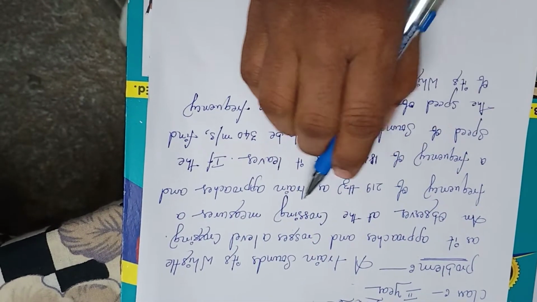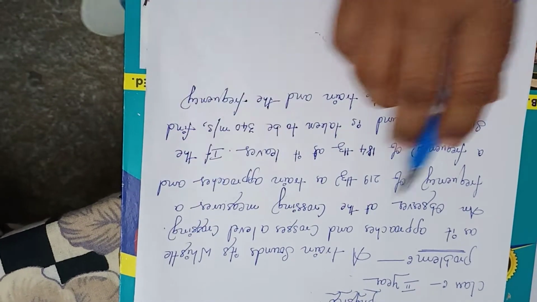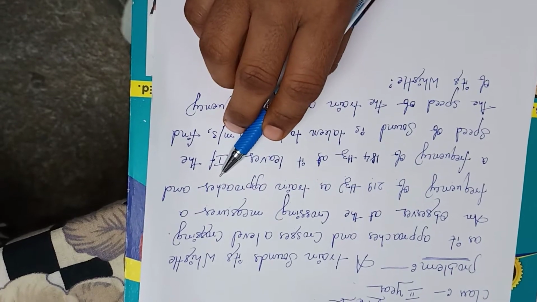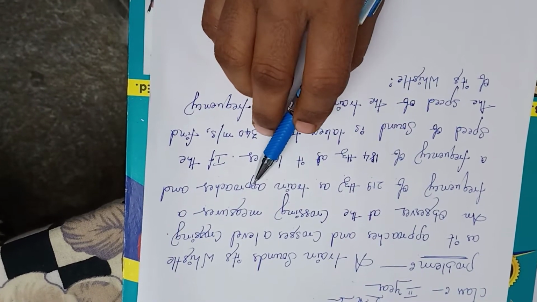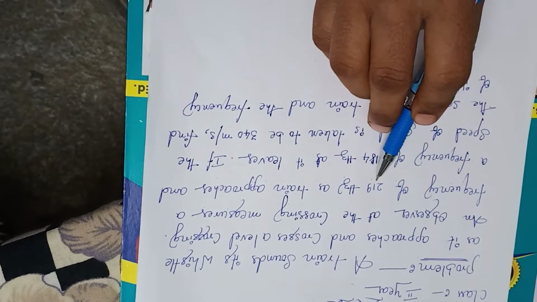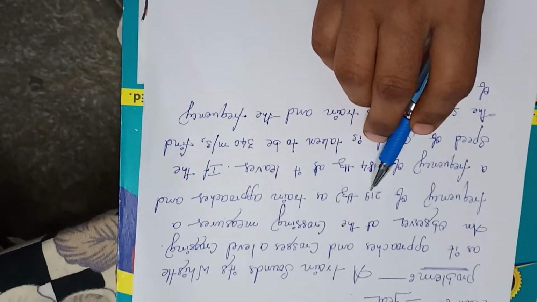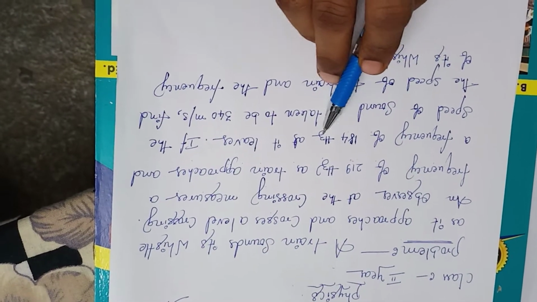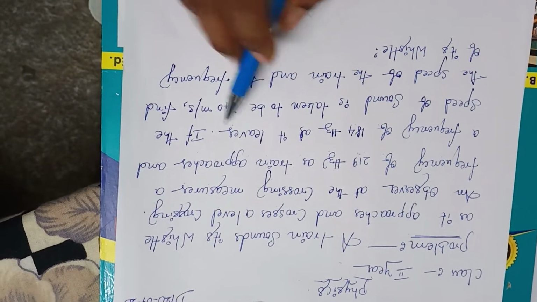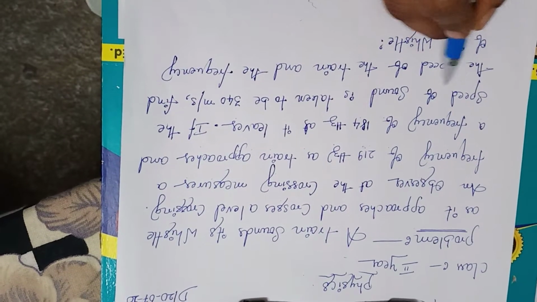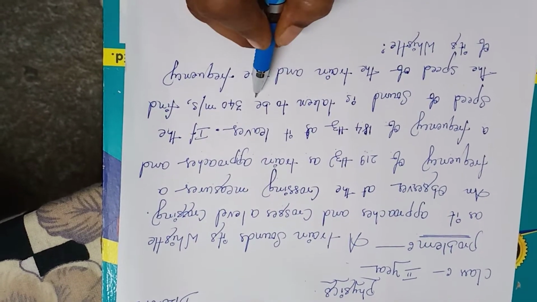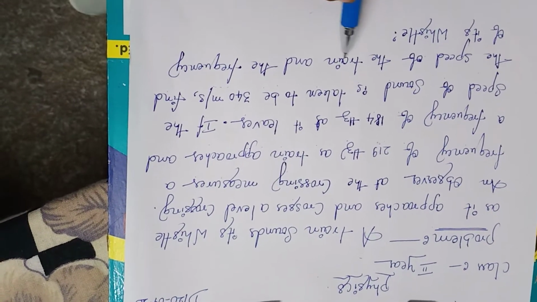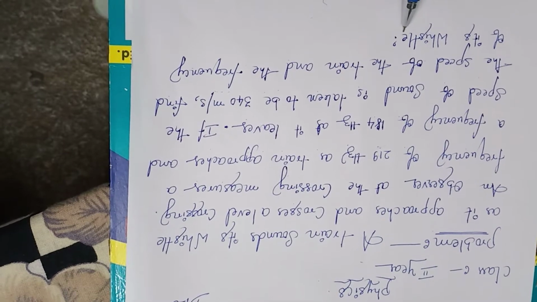An observer at the crossing measures a frequency of 219 hertz as the train approaches, and a frequency of 184 hertz as it leaves. If the speed of sound is taken to be 340 meters per second, find the speed of the train and the frequency of its whistle.